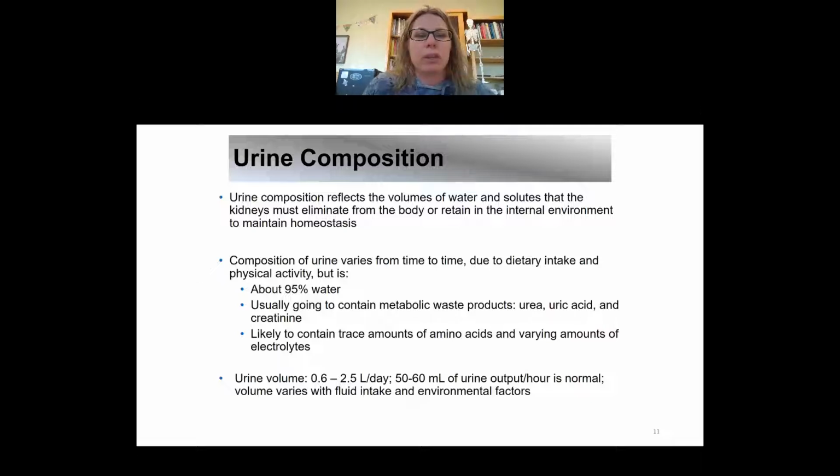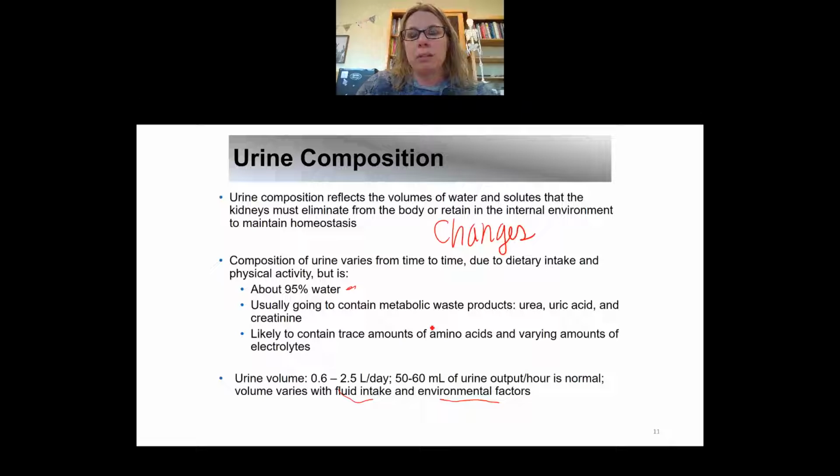Urine composition, okay, what is the urine made up of? We've talked about that some. Urine composition changes based on fluid intake, a lot of environmental factors, whether you're sweating, if it's really hot outside, what type of things you're eating. But for the most part, urine is made up of water and then metabolic waste products.